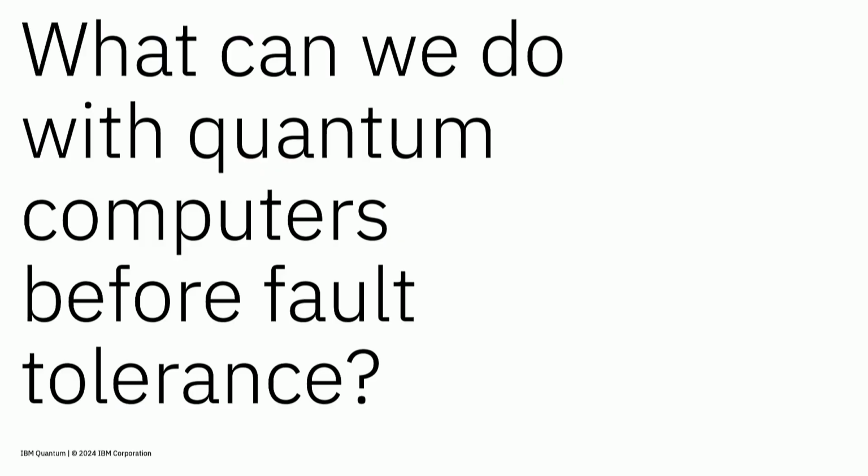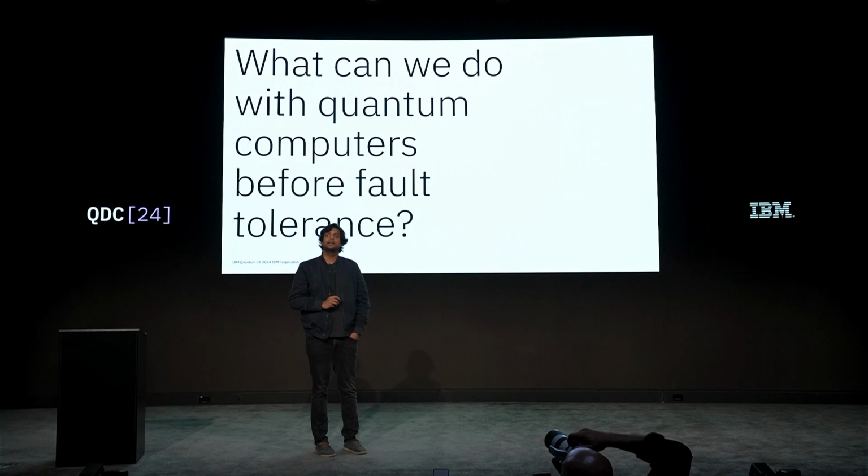How can you get accurate results from existing noisy quantum computers using methods like error mitigation? And essentially, this is the question we've been asking ourselves for the last several years, and I think you'll see why this is important, right? What can one do with quantum computers even before we have fault tolerance?